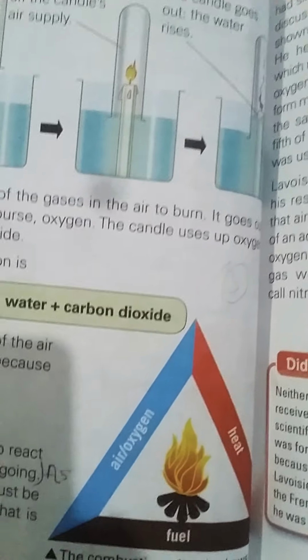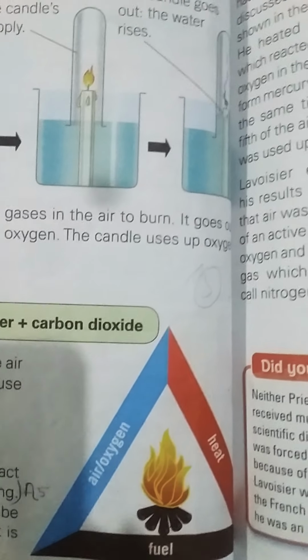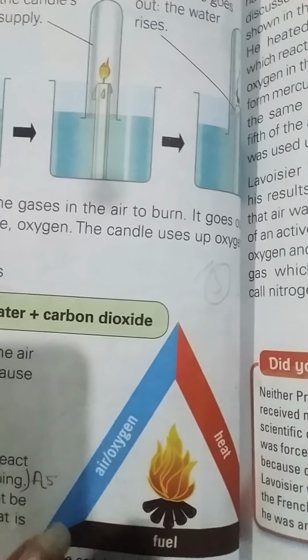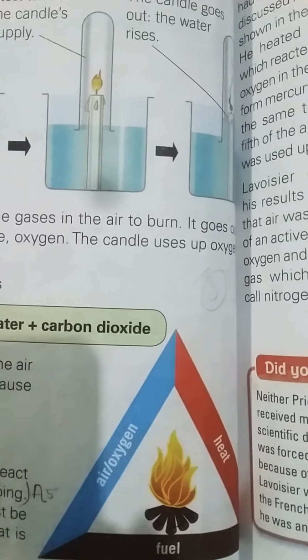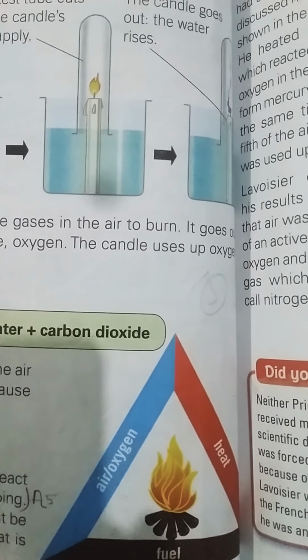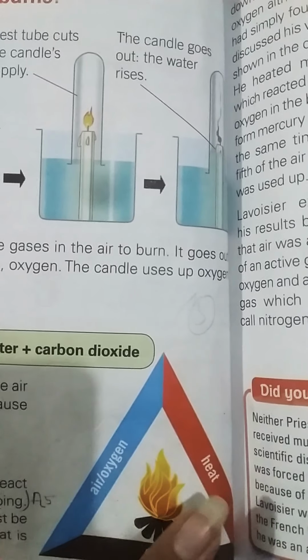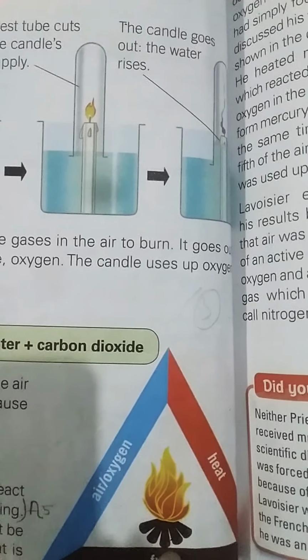First of all, we have the fuel that a fire needs to burn, and of course the oxygen supply, in the presence of which the fire will burn, and also the heat that allows the chemical reaction to go on.